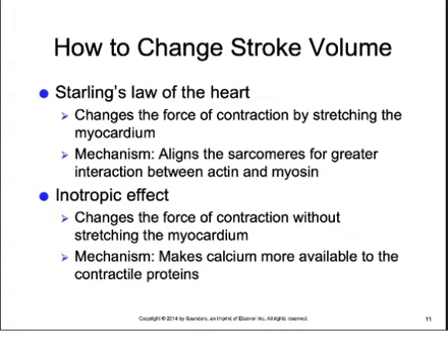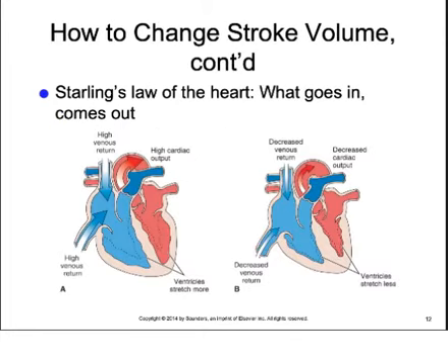But when you add the stretch in to the calcium effect, the force of contraction becomes even greater. Okay, so why does a high venous return result in high cardiac output?